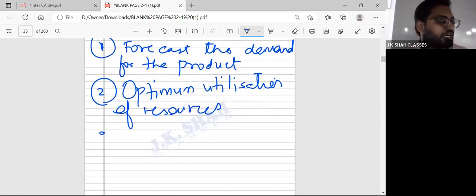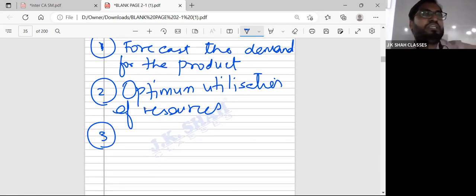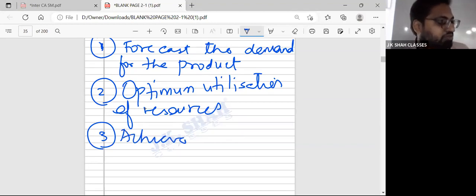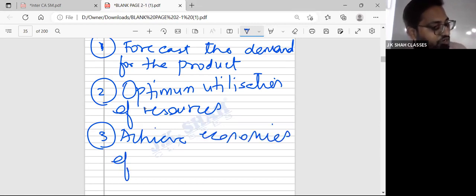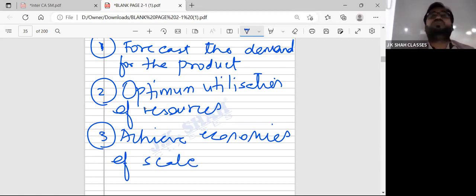Every resource that you waste today will increase your cost, and we don't want that. Third point, achieve economies of scale so that you can reduce your cost per unit.